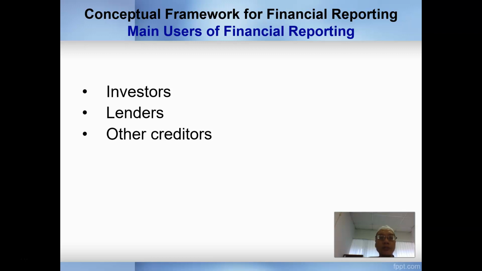They are not management of the company, because financial reports, like I said in the very first lecture, are within the financial accounting area, and financial accounting is mainly to provide information that will be used by people outside of the organization. Information that will be used by people inside the organization will be within management accounting.